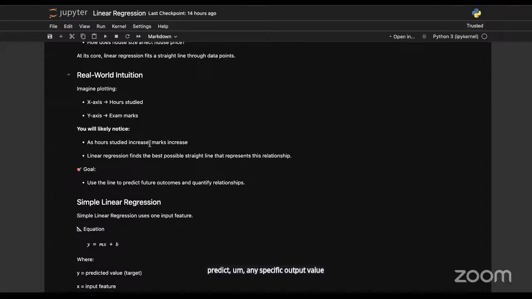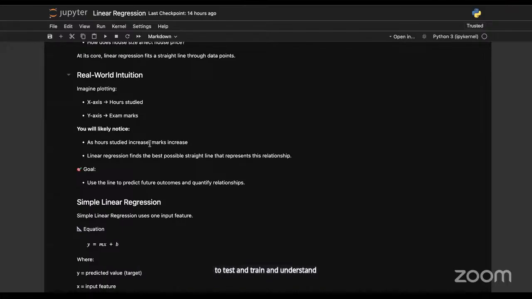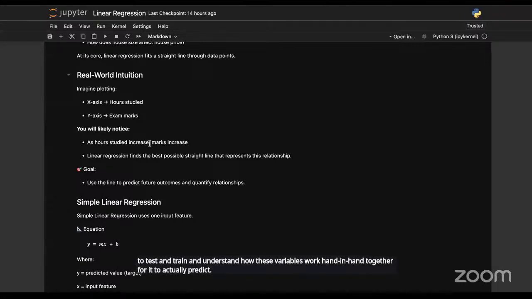It is a machine learning model, understanding from the data. There are other forces that may be affecting some of the values, but we do assume that we have given the machine enough data to test and train and understand how these variables work hand in hand for it to predict those specific values.